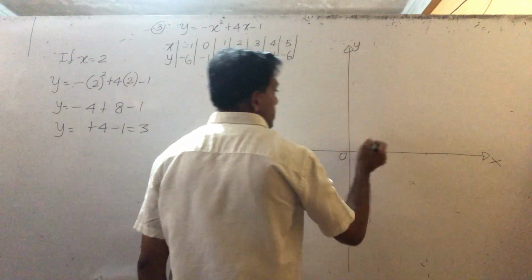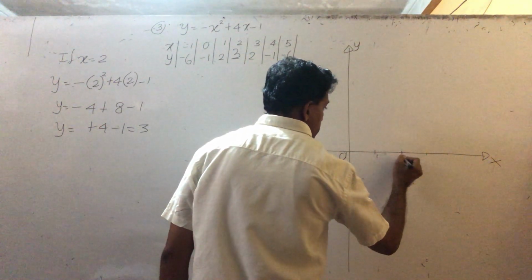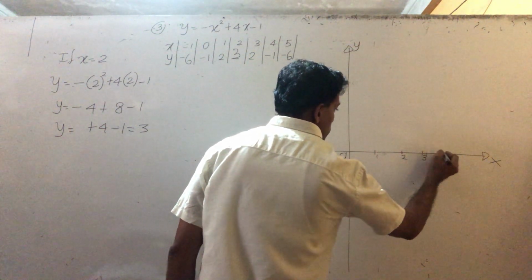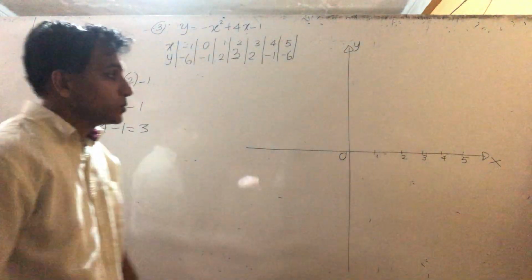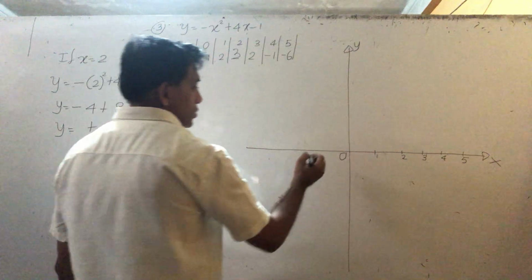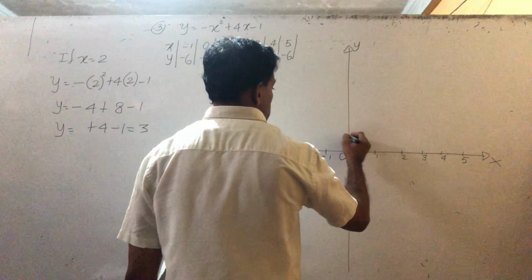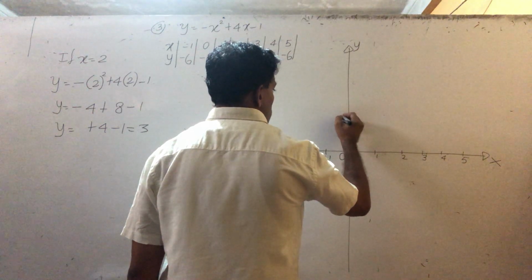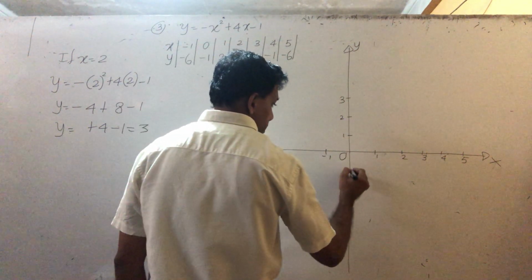So the x-axis goes from minus 1 up to 5, y goes up to 3 and below down to minus 6.